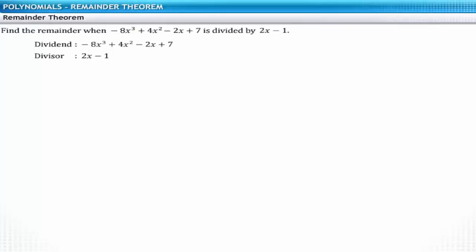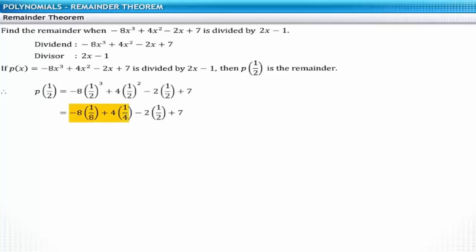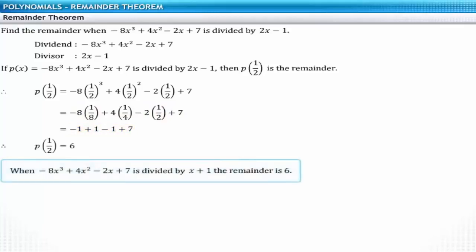According to the guidelines provided, if P of x is divided by ax minus b, then the remainder is P of b divided by a. Therefore, in this problem, the remainder is P of 1 divided by 2. If you replace x with 1 divided by 2 in the polynomial P of x, you get the remainder is equal to 6.